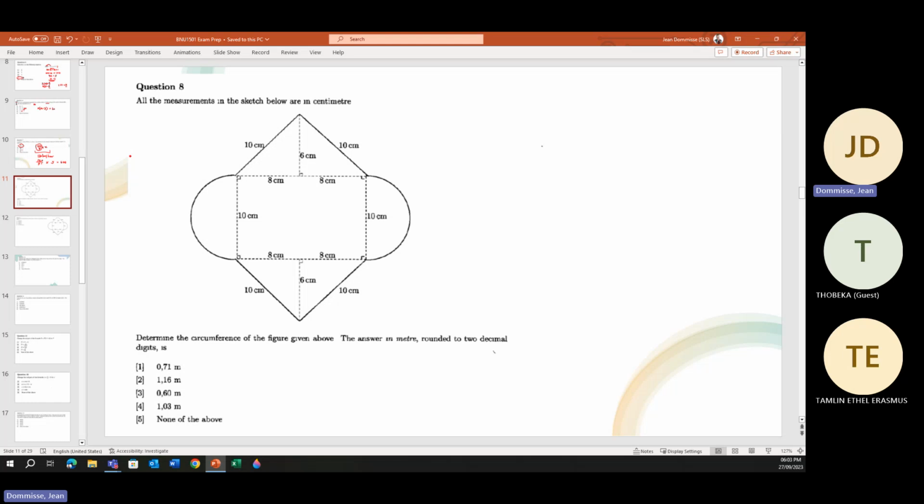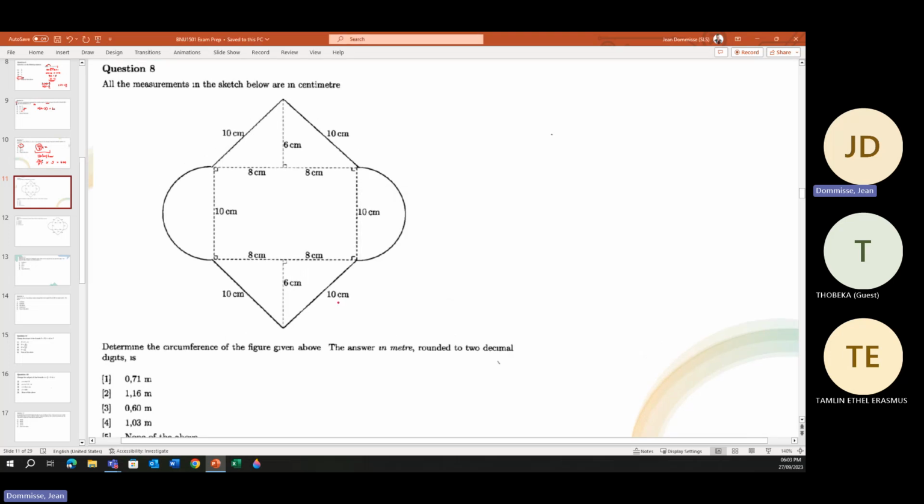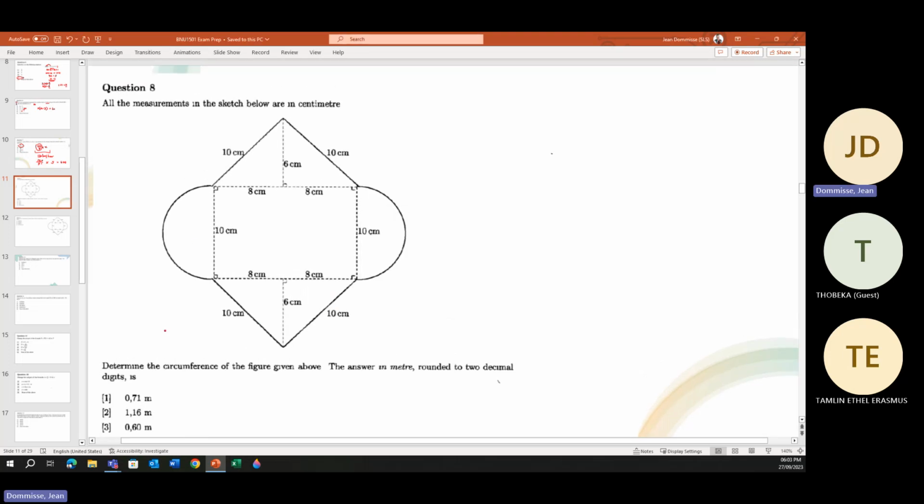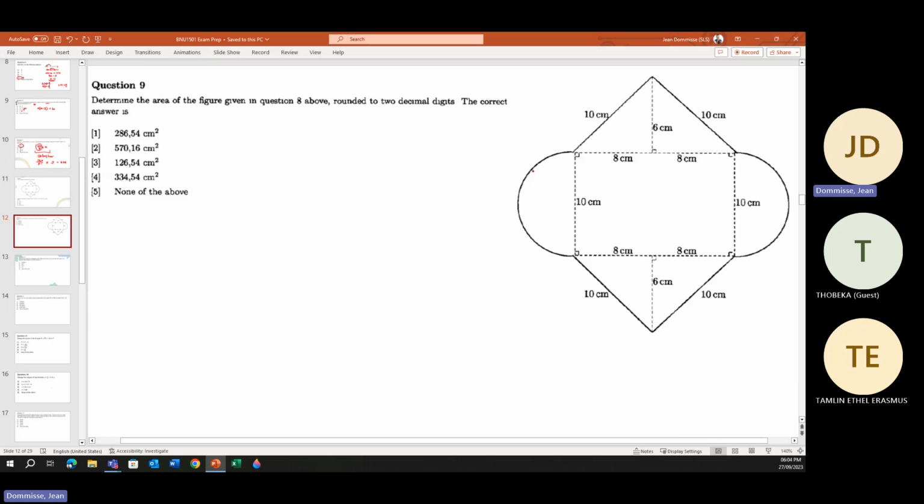Okay, so now we go into, and let's just see if I can make this a bit bigger, into the dimensions and measurements. So some of it they want you to do a circumference. There's another one that you need to work out the area.